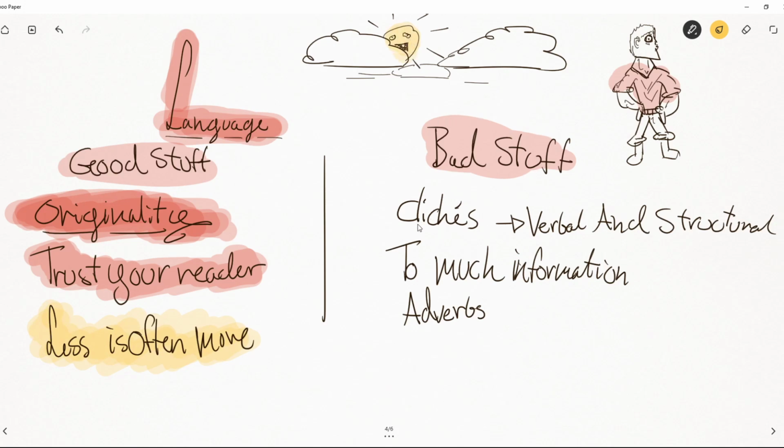So, onwards to the bad stuff. That's cliches. You won't know a cliche if you don't read. You could look them up, but if you read a lot, you will instantly recognize them. The kind of cliches that you want to avoid are phrases that are used all the time, and some structural cliches.